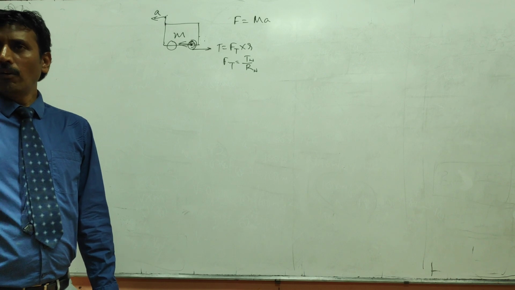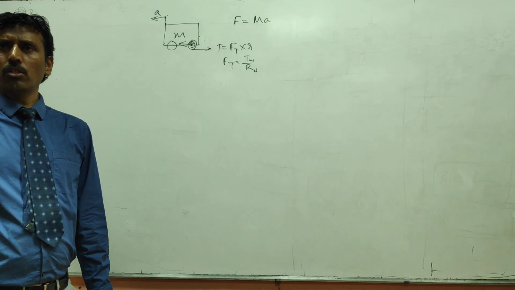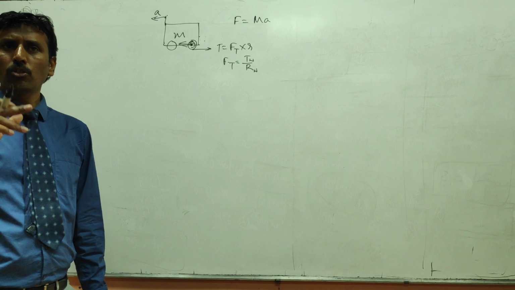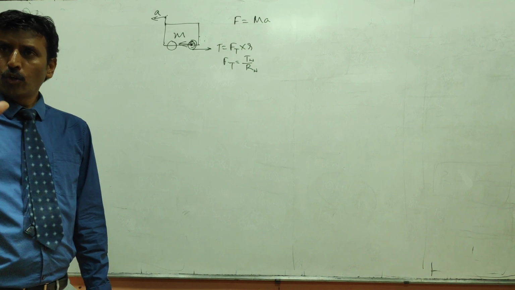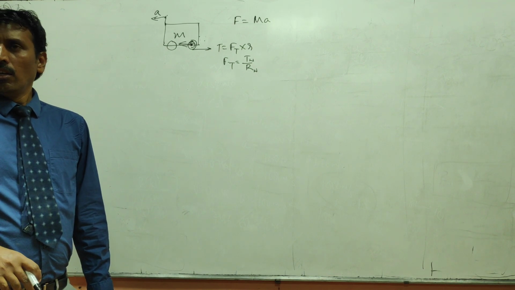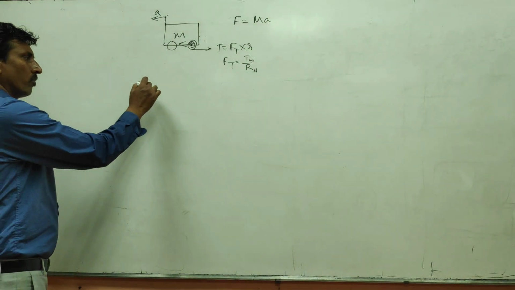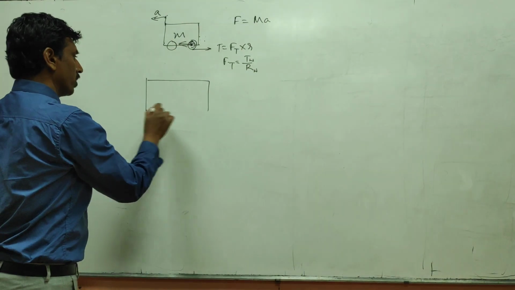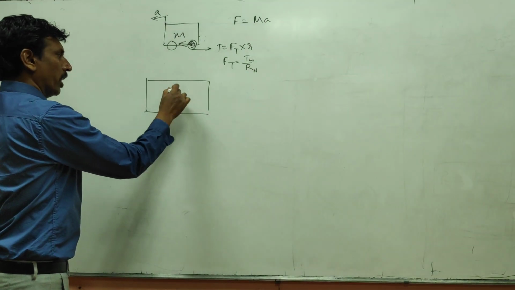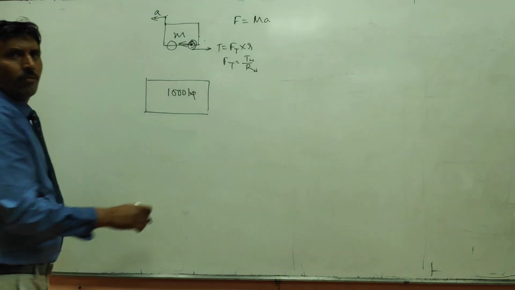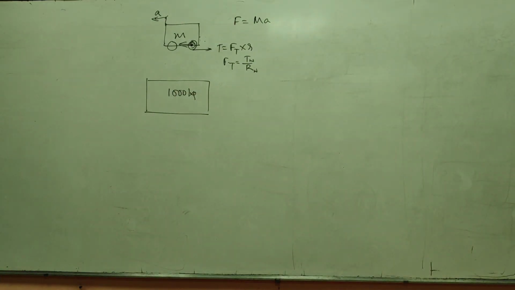Now, at this point, I will tell you that this equation is almost 80% right, but we have not considered one point because we forgot one thing. Imagine that the vehicle weight is 1000 kgs.